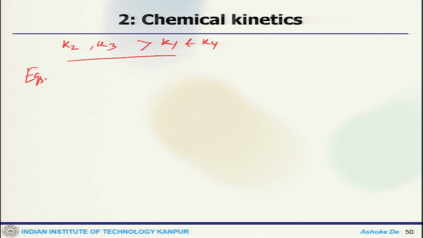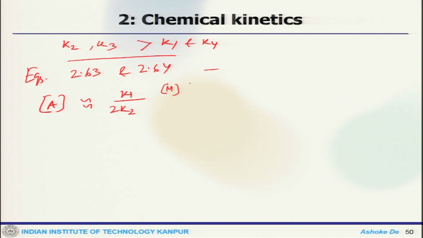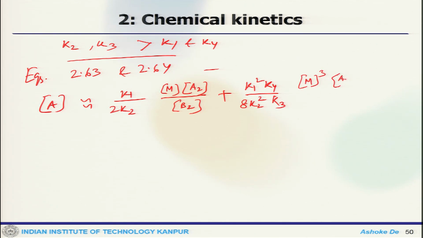Then from equations 2.63 and 2.64 one can approximate that A is K1/2K2 M A2/B2 plus K1 squared K4/(8 K2 squared K3) M cubed A2/B2 squared.